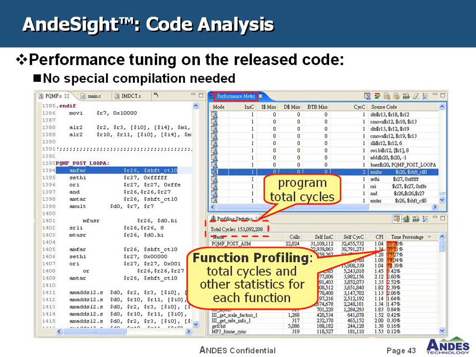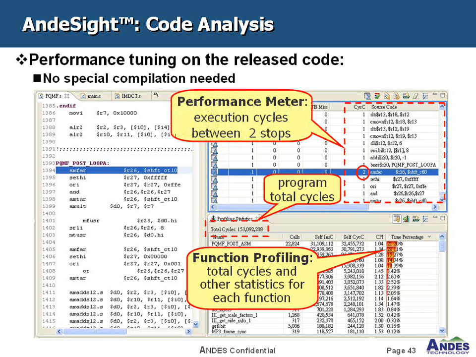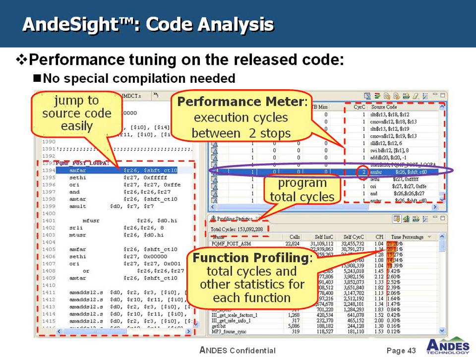Besides, you can set a start point and an end point, and NDSI can tell you how many cycles between these 2 points. And if the user wants to trace the code, just click the line, then NDSI will jump to the source code. Then you can trace the code and find out the bottleneck and optimize your program.